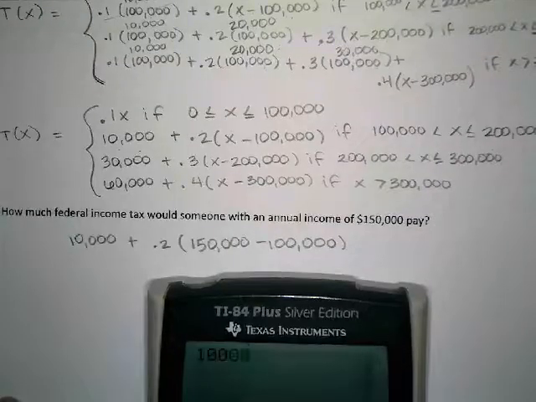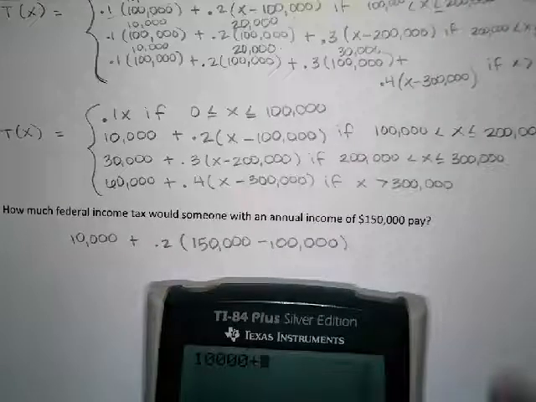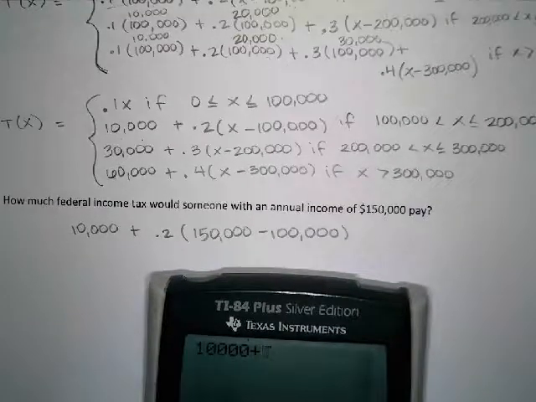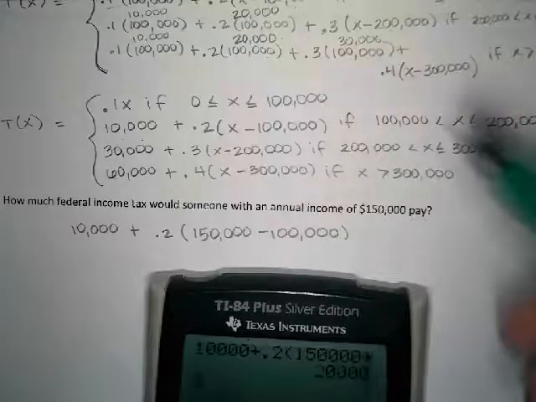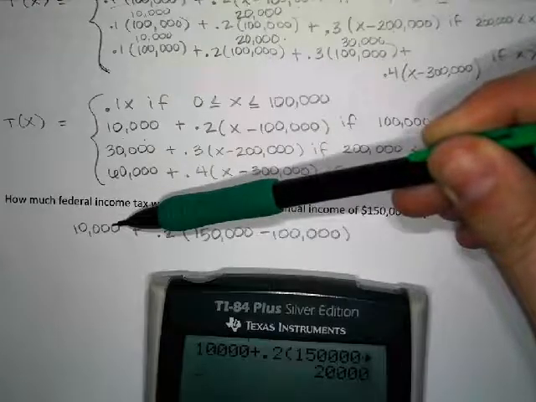They paid the full 10% on the first 100,000 they made, plus 20% of the 50,000. Can you guys see the two parts there? This is them paying the 10% on the 100,000. This is us figuring out the 20% on that 50,000.